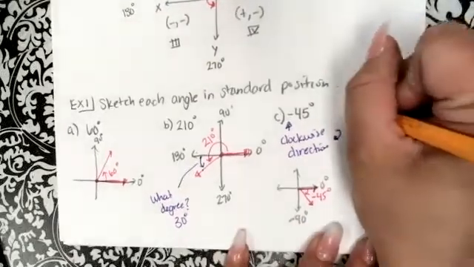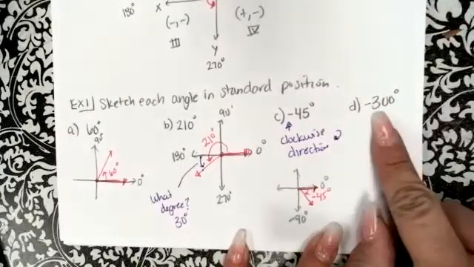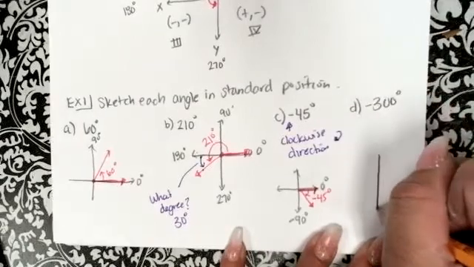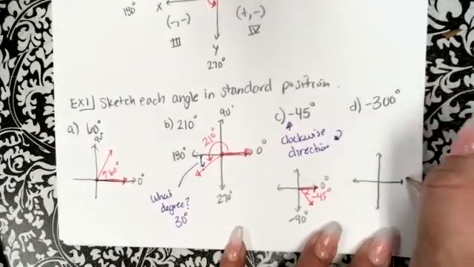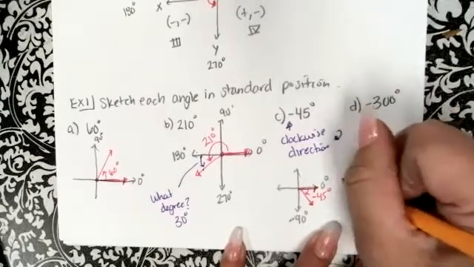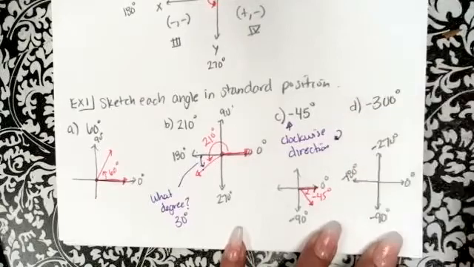Let's see if we can get one more. A negative 300. All right, negative 300. We're going to go counterclockwise again. I mean, go clockwise this time. So this is going to be 0 degrees. This is negative 90 degrees. This is going to be negative 180 degrees. This is going to be negative 270 degrees.